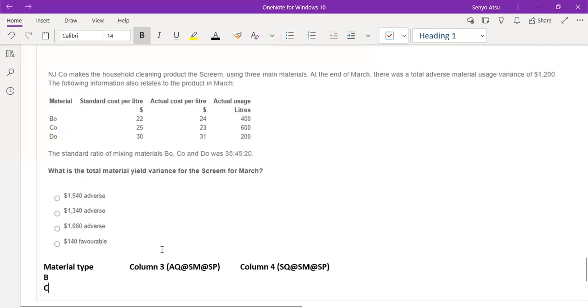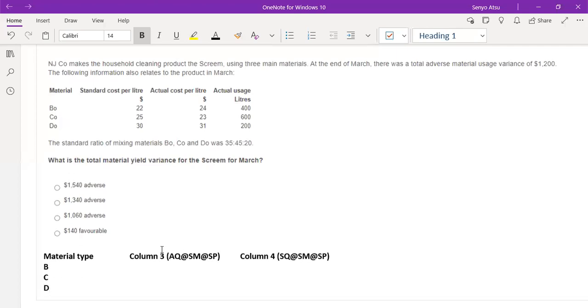Material B, C, D. The actual quantity at the standard mix. The standard ratio of mixing materials is 35, 45, 20. What's the total? 35, 45 is 80, plus 20, 100.